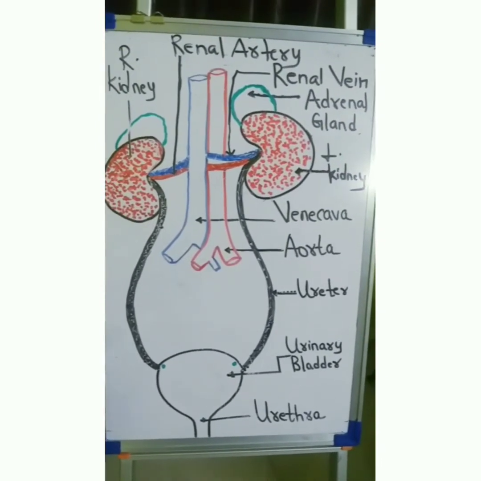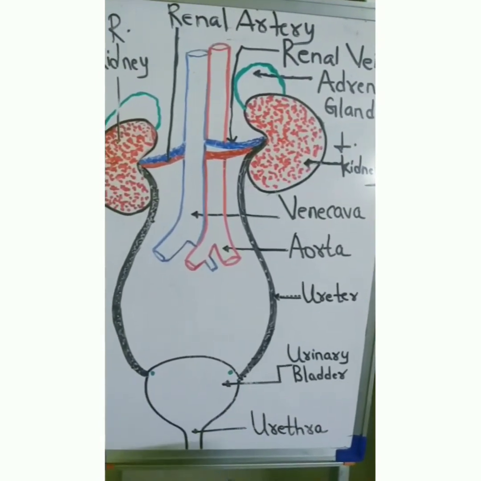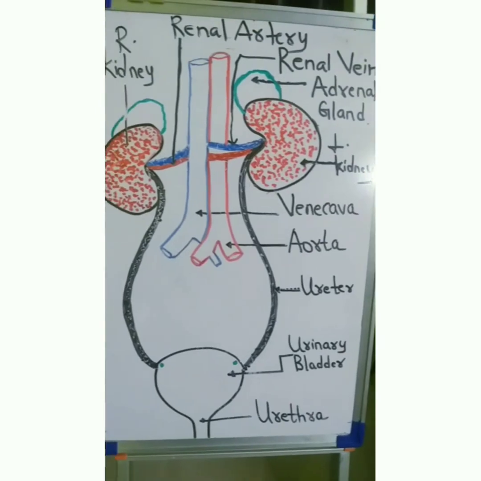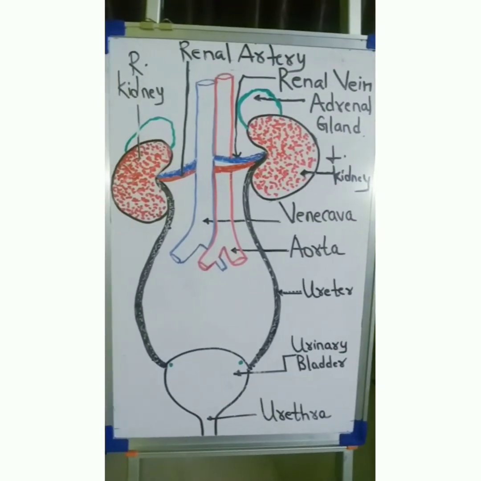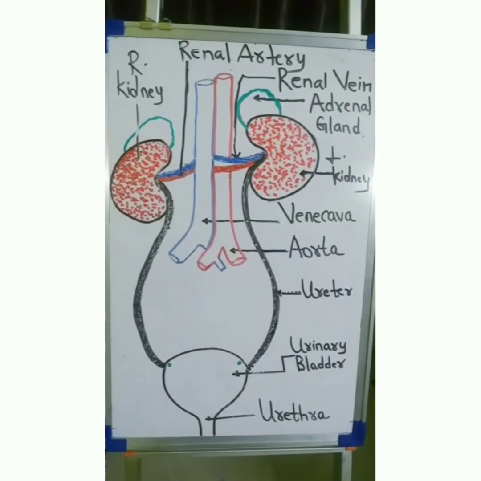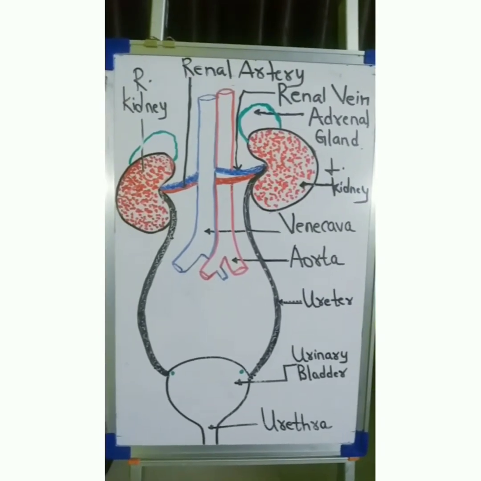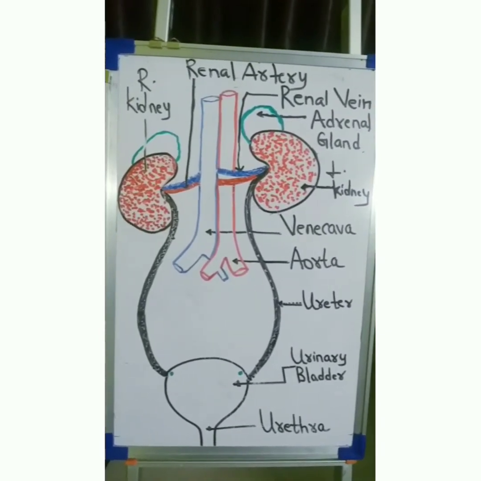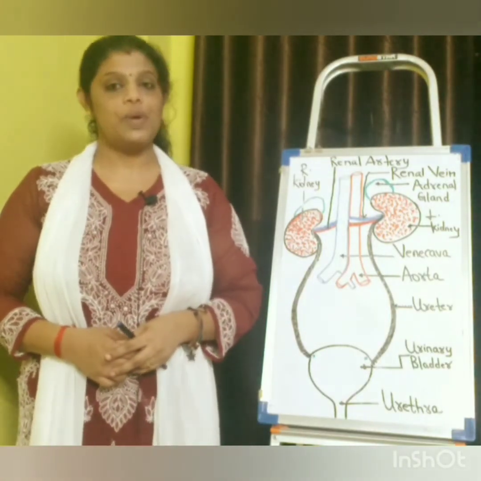Isn't it amazing? The urethra, which is used to expel the urine out, is called the urinogenital duct in males, because it is a common passage for urine as well as semen in males. I hope the entire explanation is very clear.